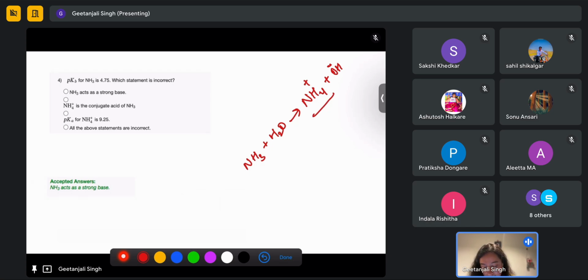Now we can see NH4+ is the conjugate acid of NH3. Well, that's right. pKa of NH4+ is 9.25.